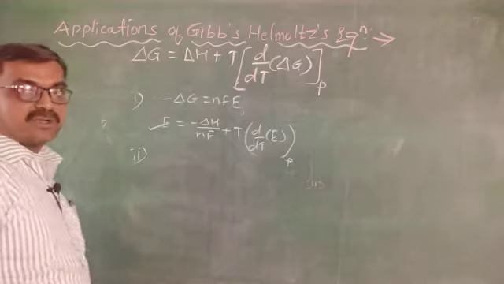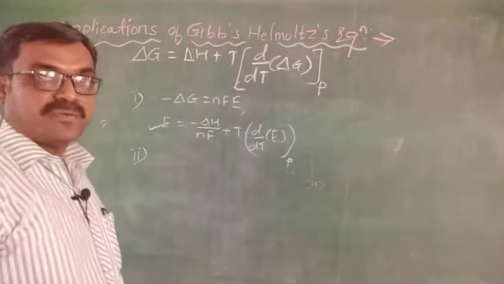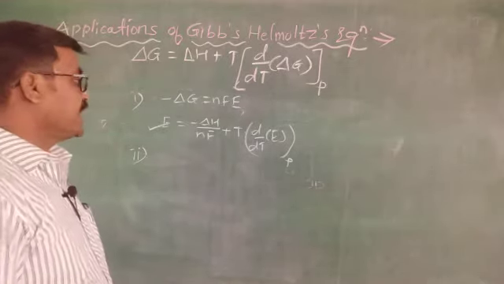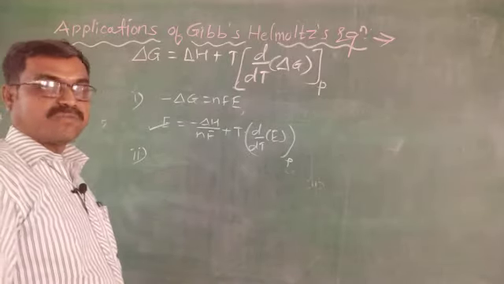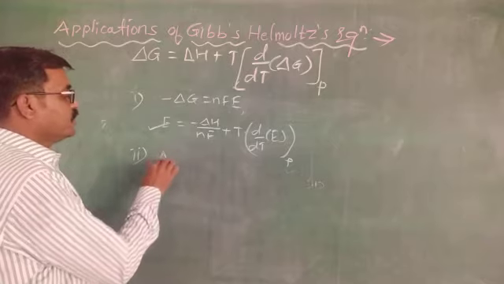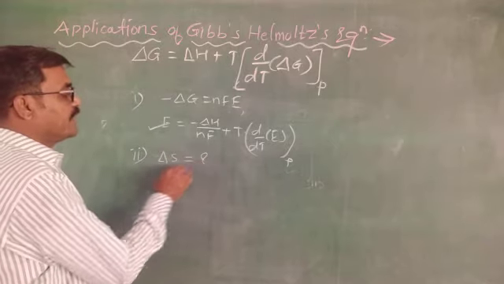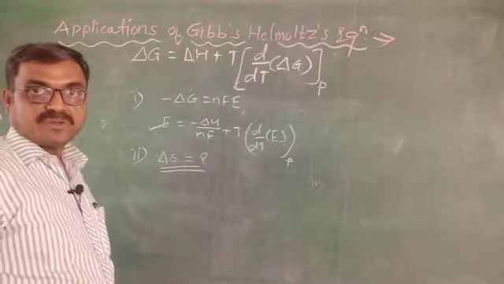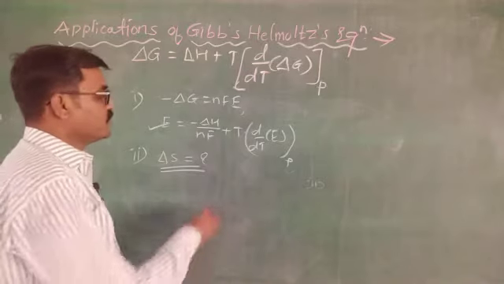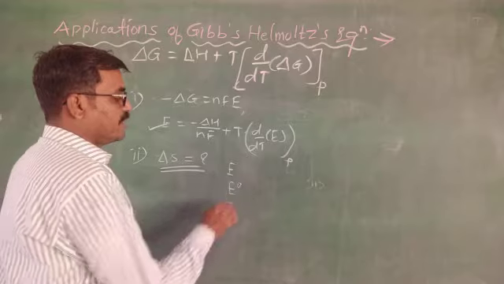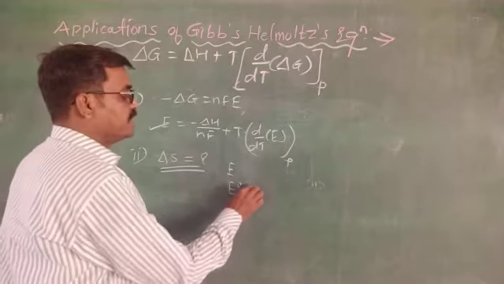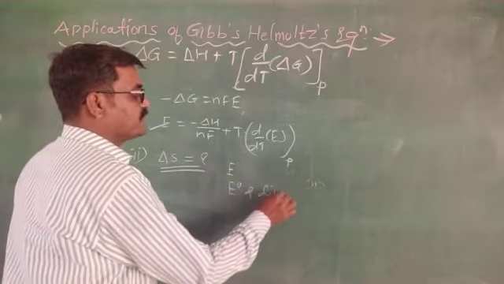Second application of the Gibbs-Helmholtz equation: if you know the standard potential at two or more different temperatures, then you are able to find out the entropy change. Why? Because you know E, and you are able to determine E0 at different temperatures.